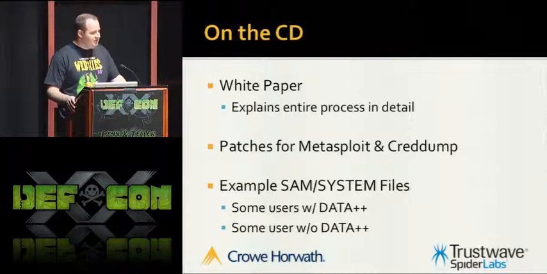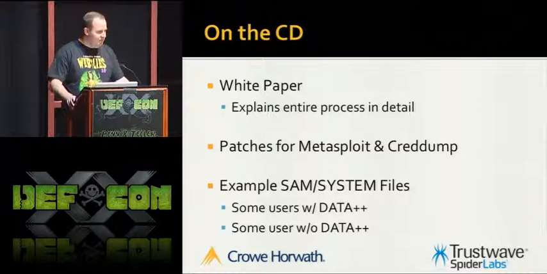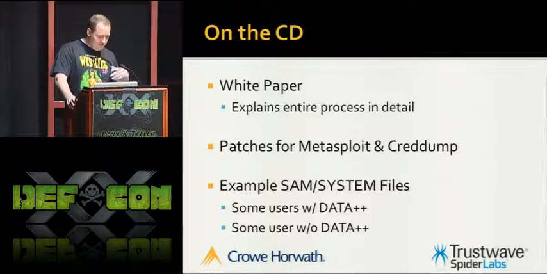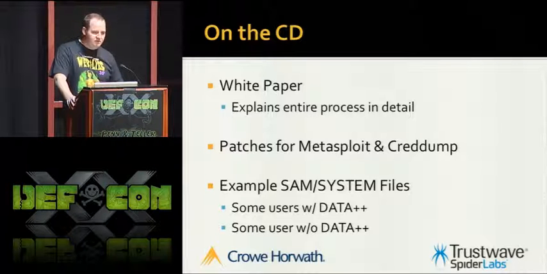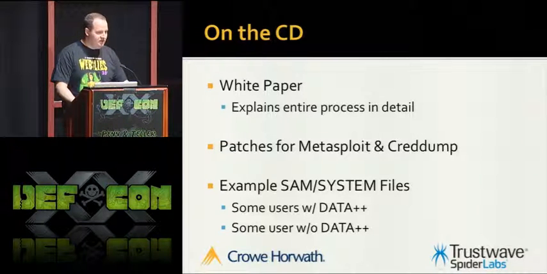We also have the patches from Metasploit and CredDump on the CD. So if you want to use that, you can. We've also provided an example system that has both a corrupted user and a bunch of non-corrupted users, so you can see the difference if you use the patches to extract the new passwords. So if you want to follow along with us or you want to play with those, they're there for you.